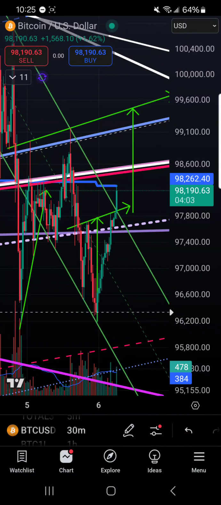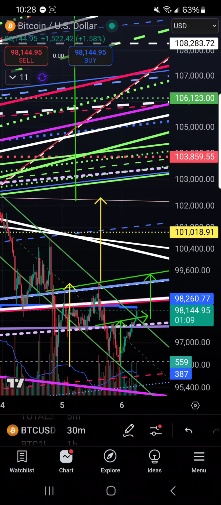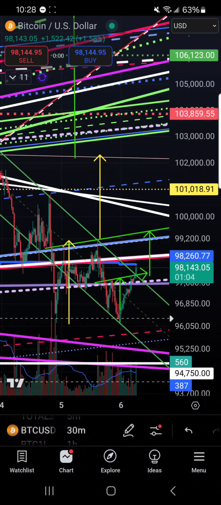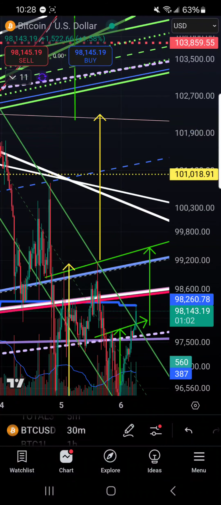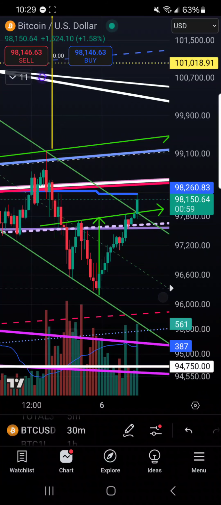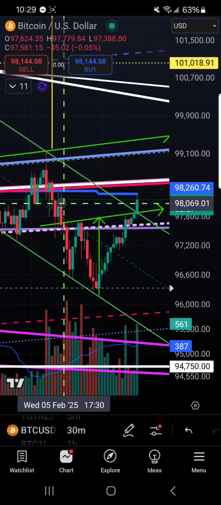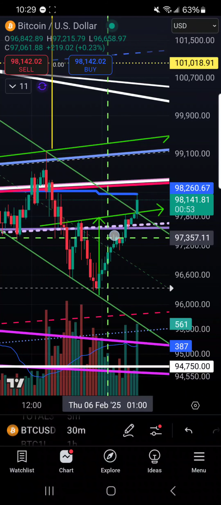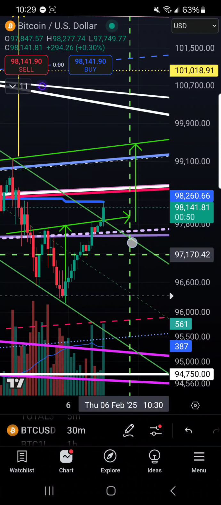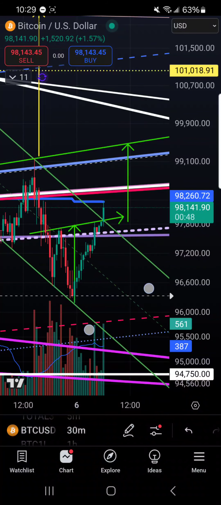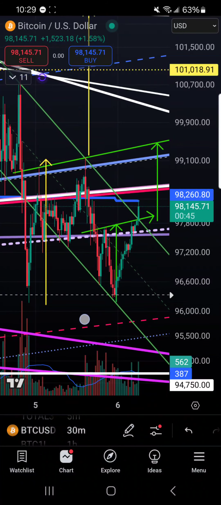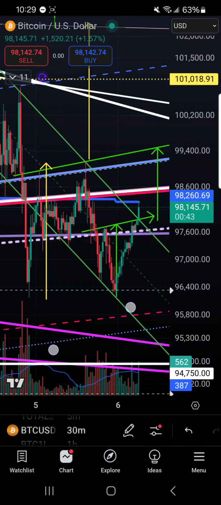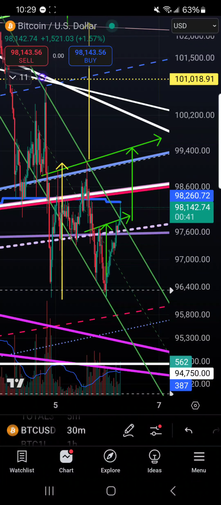So then that could play out, and I zoomed out a little bit here. Here was our little W here, and then we take that and we move it up here, and that would give us... we'll have to wait and see how it plays out.